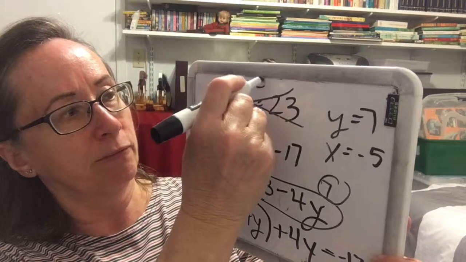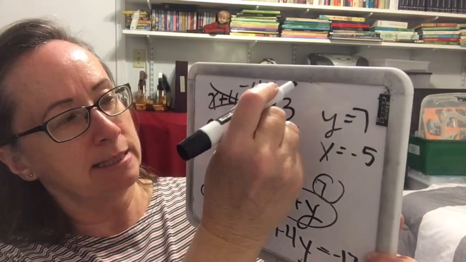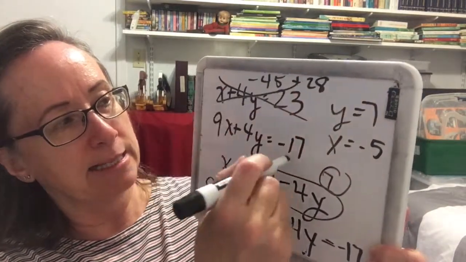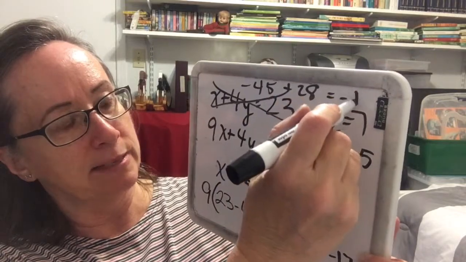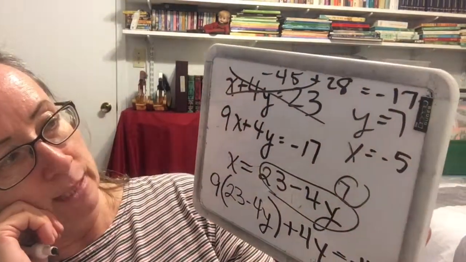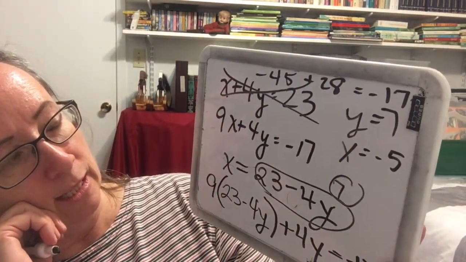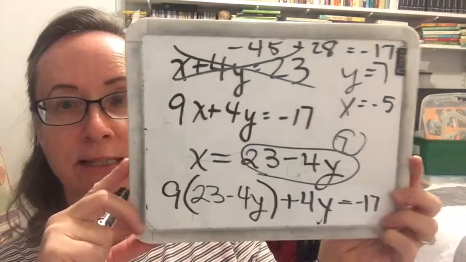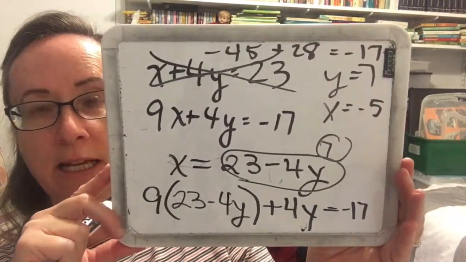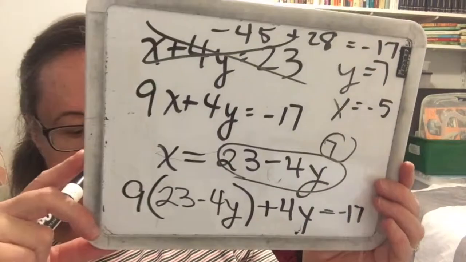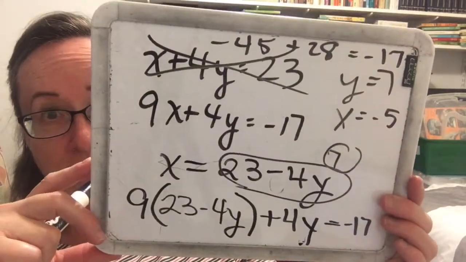So negative 45 plus a 28, is that equal to a negative 17? Let me look at it a minute, and it is, right? Because 7 and 8 is 15. So we did get the right answer, which was negative 5, 7.